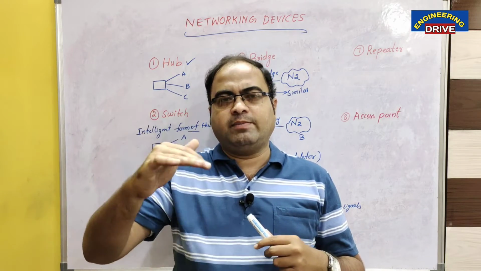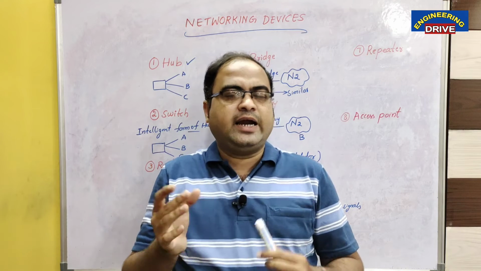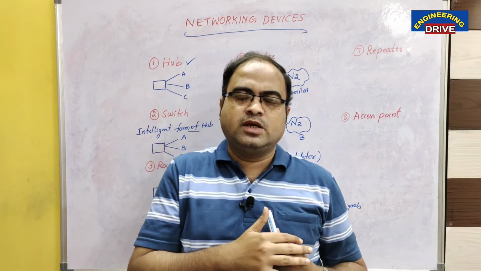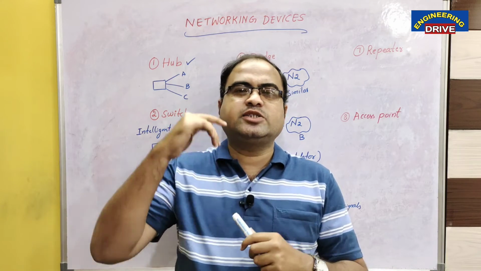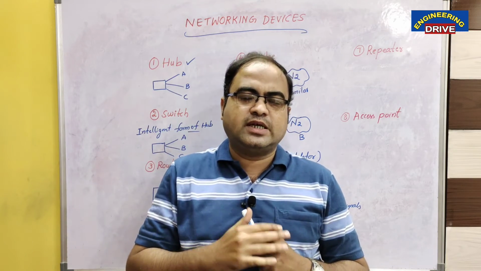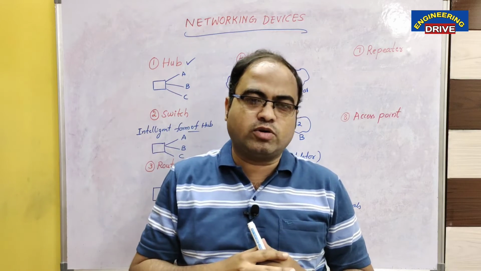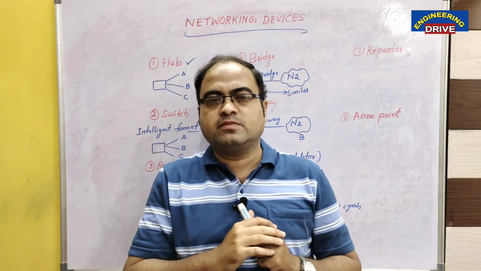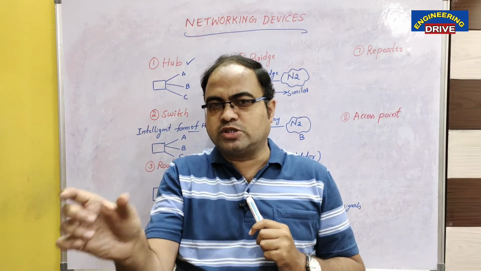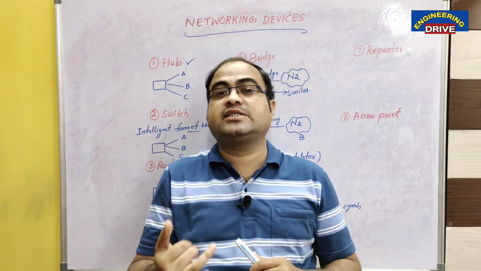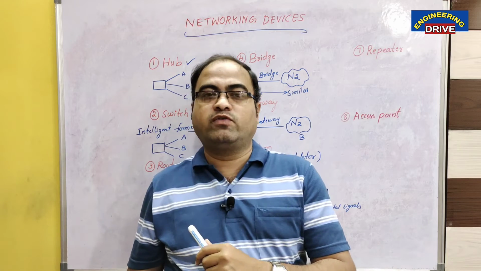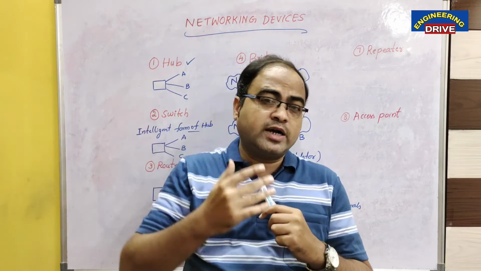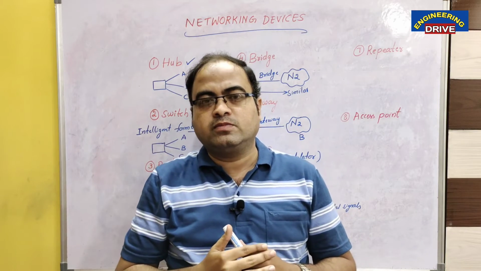Let us say I have a three-storey building and my Wi-Fi router is on the ground floor, but the signal only reaches the first floor. The signal is not reaching the second floor. So what I can do is keep a Wi-Fi booster on the first floor. Once I attach it, it will amplify the signal generated from the ground floor so that the signal goes a longer distance, to the second floor.